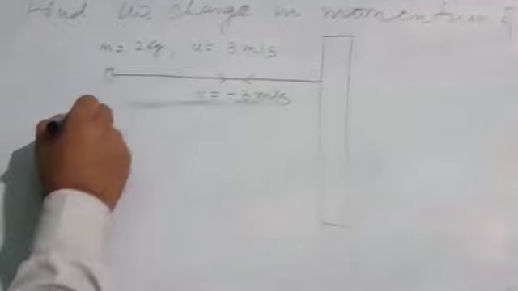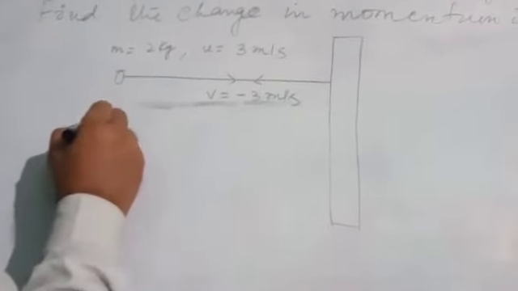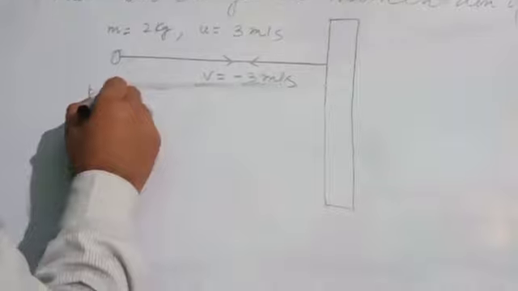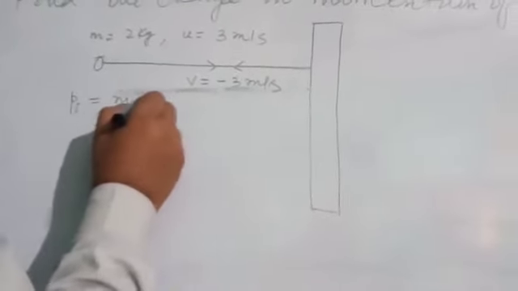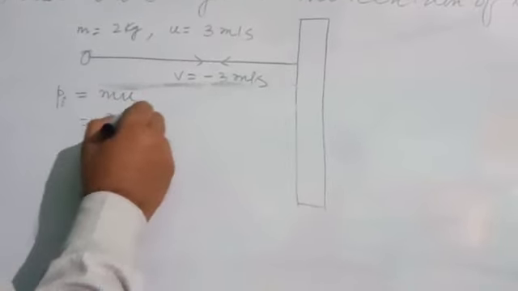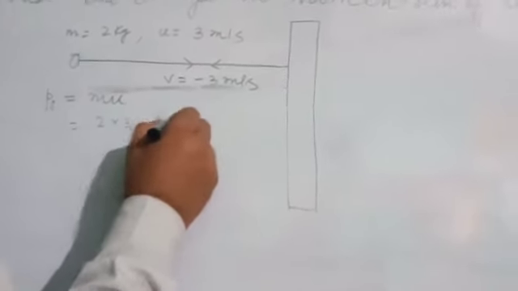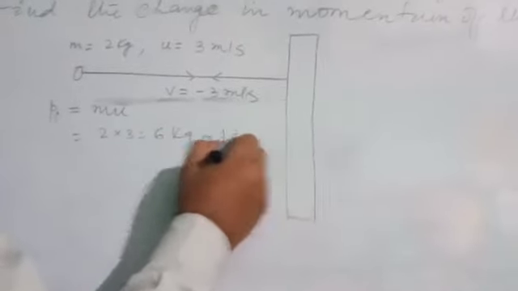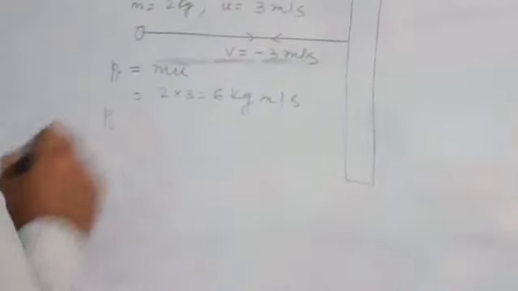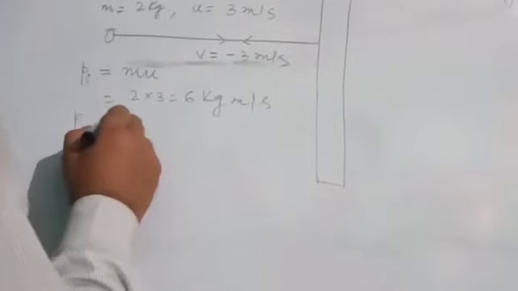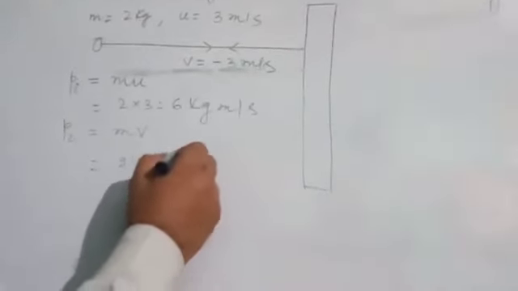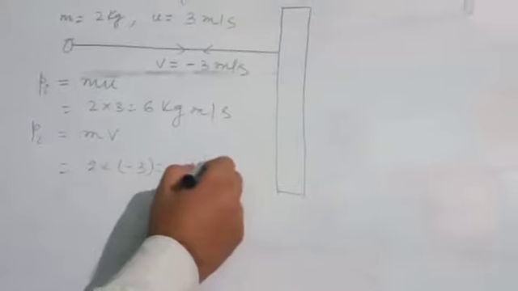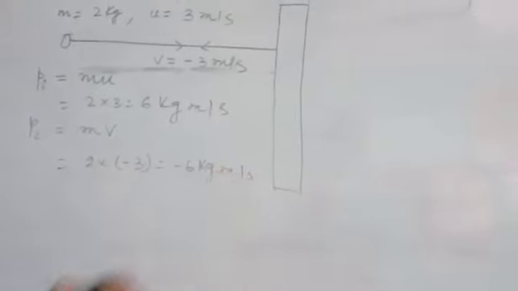So the initial momentum of the ball, mass into initial velocity, is 2 into 3, 6 kg meter per second. The final momentum of the ball, mass into final velocity, is 2 into minus 3, minus 6 kg meter per second.